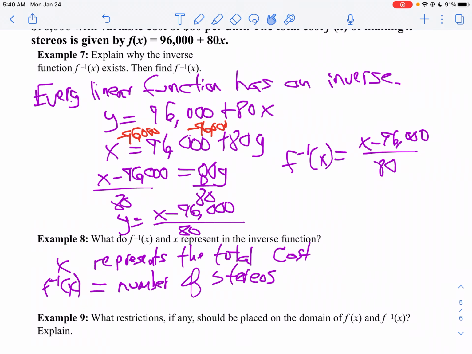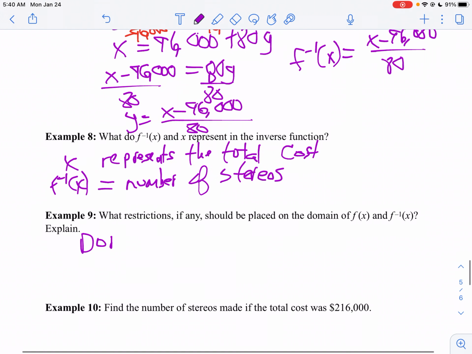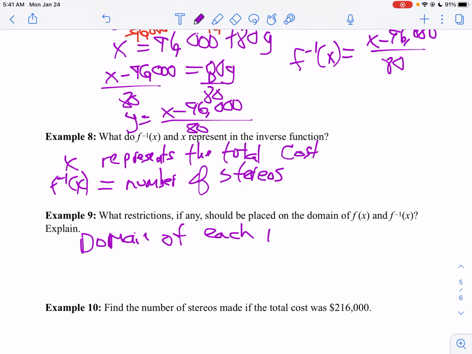So I'm going to say that my restrictions are the domain of each function must be greater than 0.